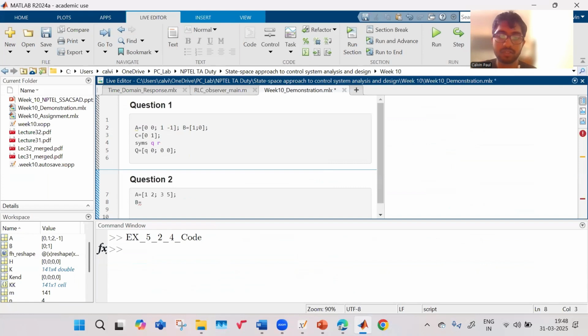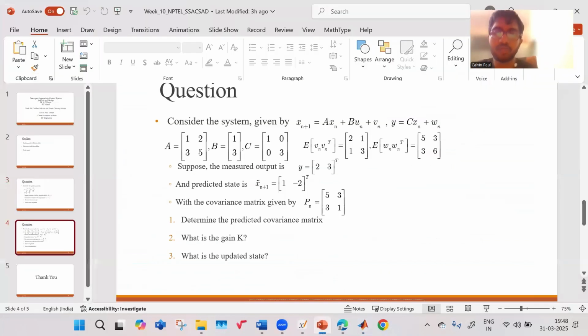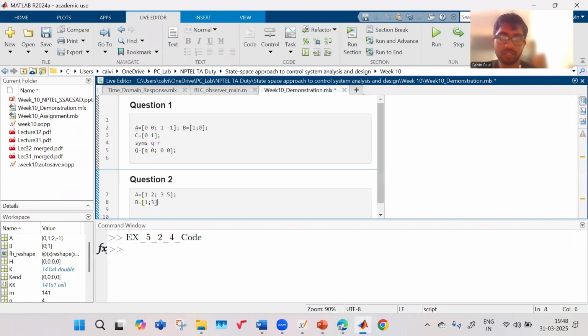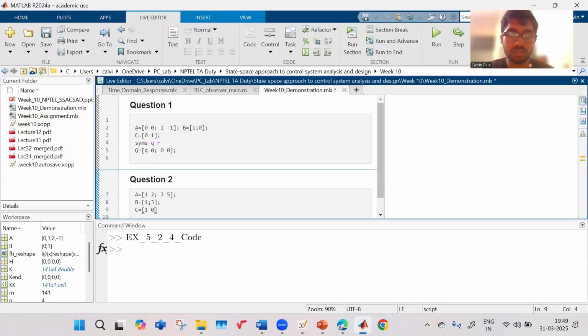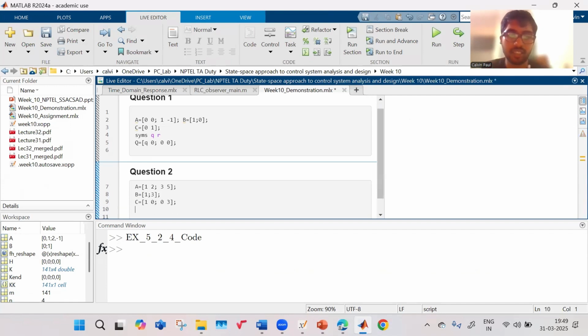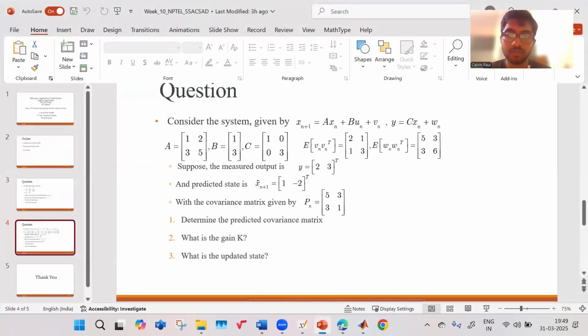P matrix is 1, 3, 1, 3. P matrix is 1, 0, 0, 3. So it is 1, 0, 0, 3. So it is kind of like we are measuring each and every state. This is the ABC matrix we got.